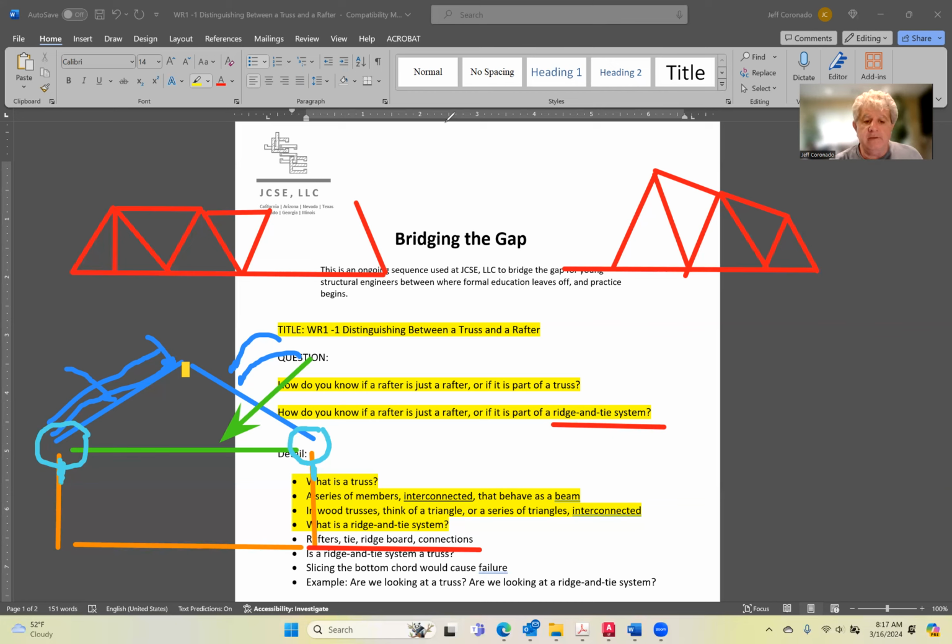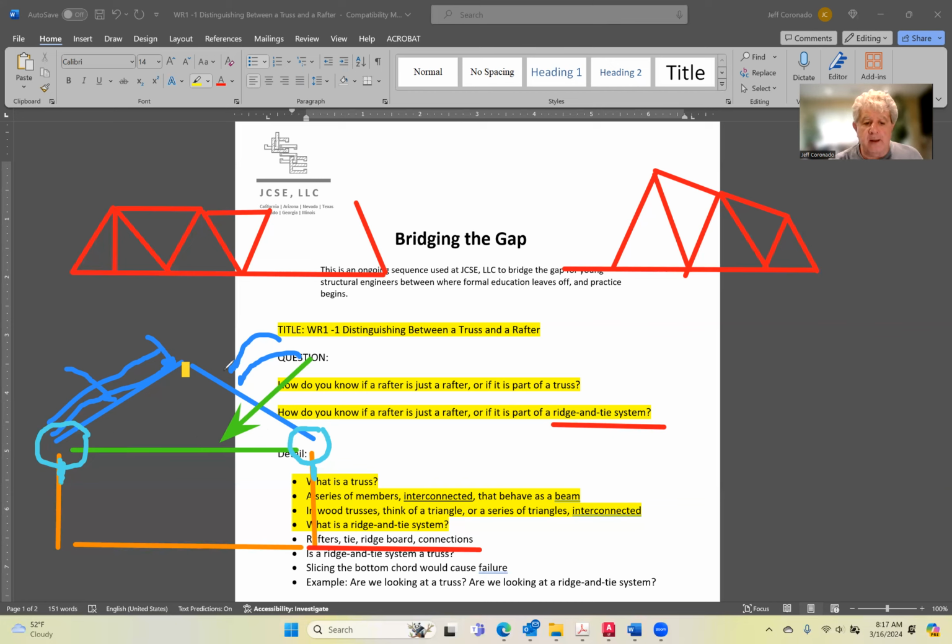Is a ridge and tie system a truss? So think about that for a second. Is this ridge and tie system that I've illustrated here, these two rafters with this horizontal member, this tie, a truss? Well, the answer is yes, right? It's a very simple truss. It's as simple as it gets, but it's a truss.